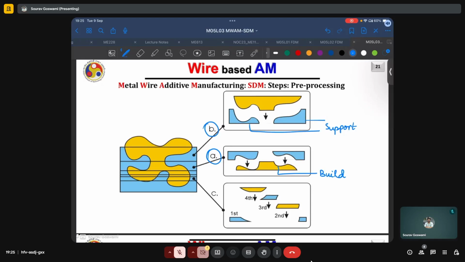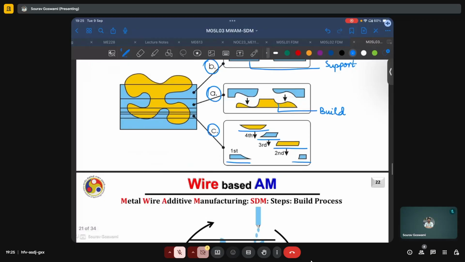And in the slice shown by C, we see that they can alternate within the same slice. As in, first we can have these two segments of support material being deposited, then some build material, then some support material again, and then further build material.